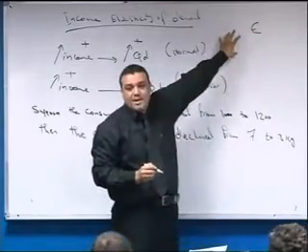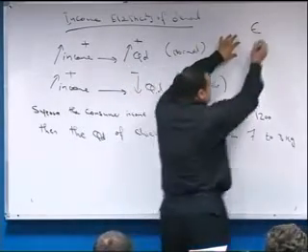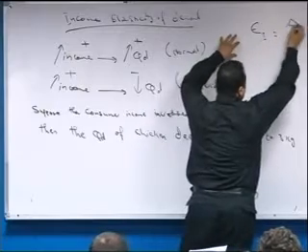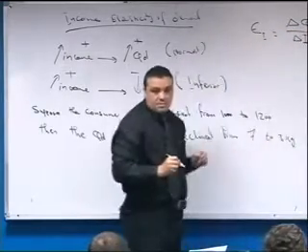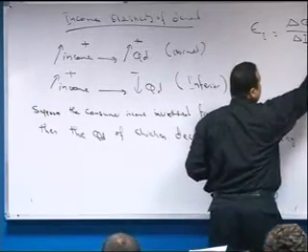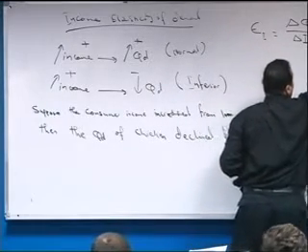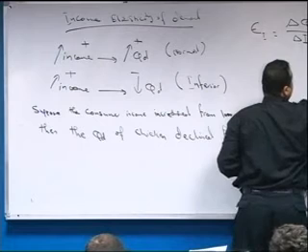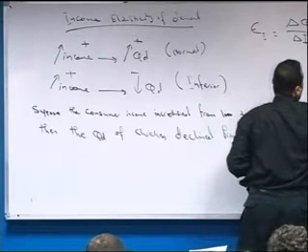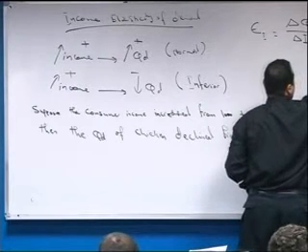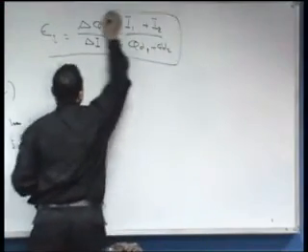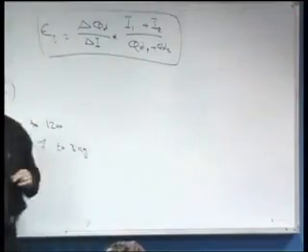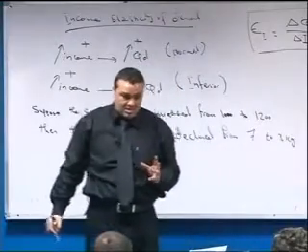Income elasticity of demand, E_I equals delta QD over delta I, times I2 plus I1 over QD2 plus QD1. This is the midpoint formula to calculate the income elasticity of demand.